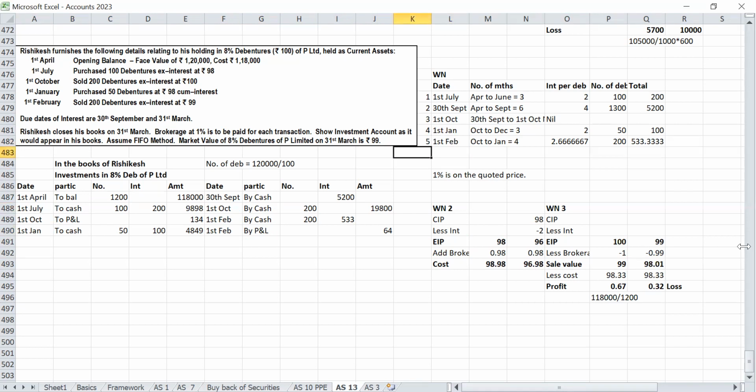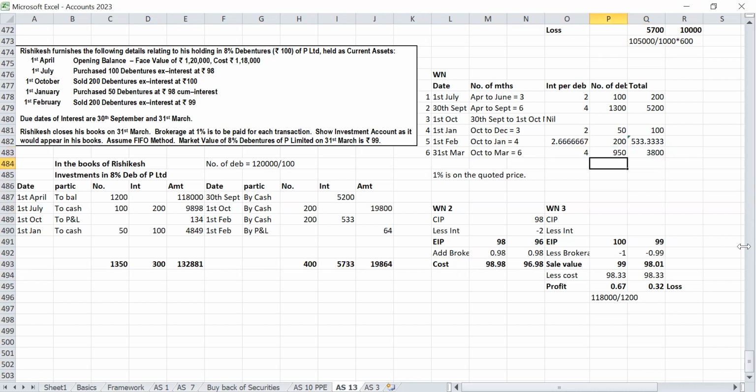Then closing, sir. 31st March. October to March, 6 months. 6 months at 4 rupees. How many debentures in hand? 950, sir. Yes, 950 in hand.